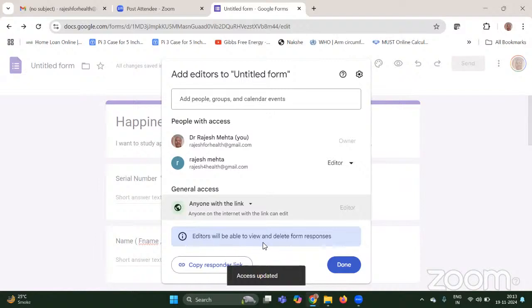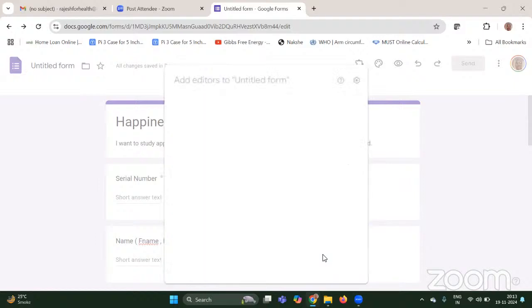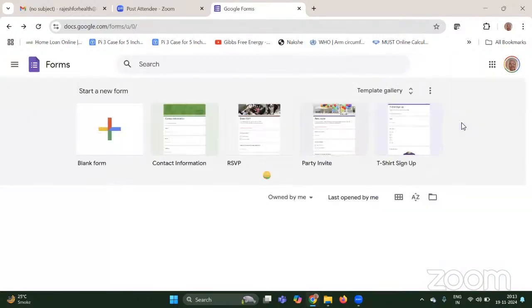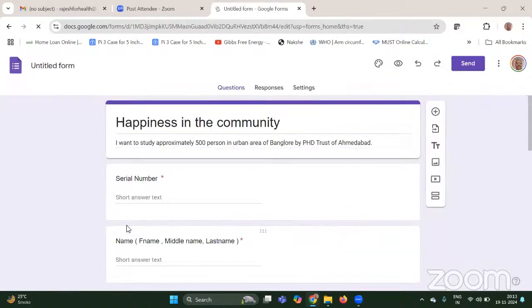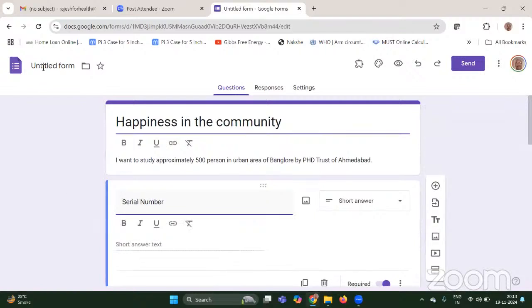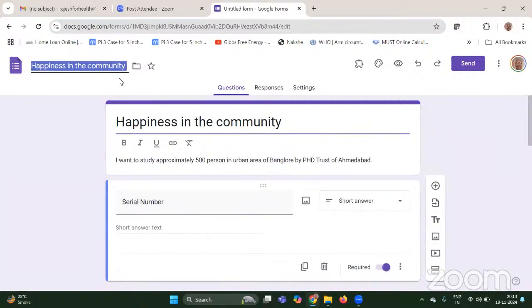Now this form was untitled, so we can give a title over here, right? When we close the form, the title will be there: Happiness in the community.